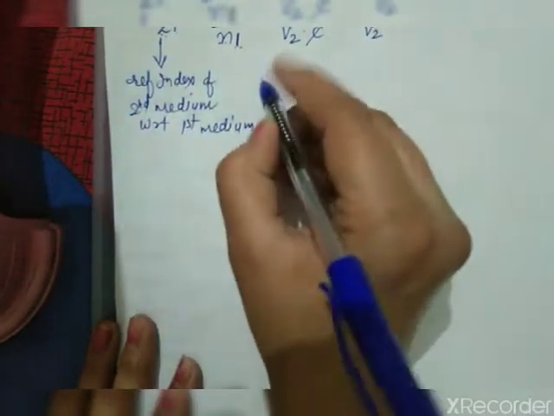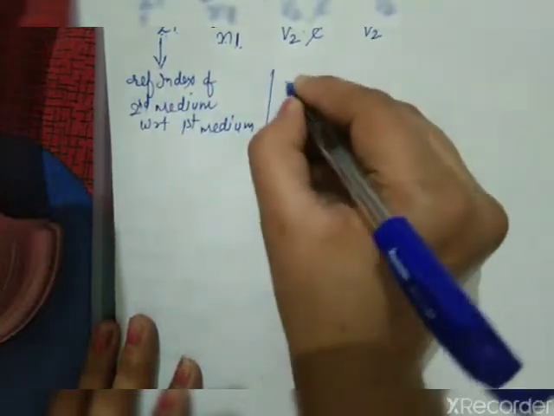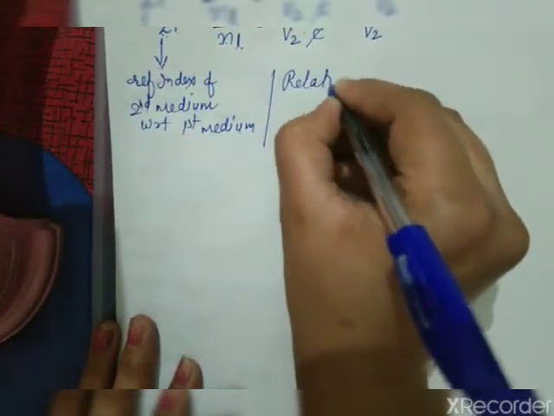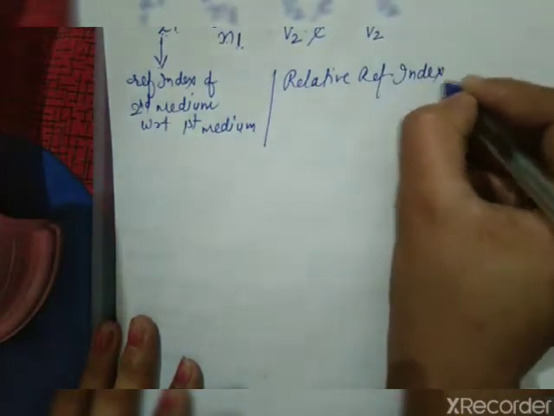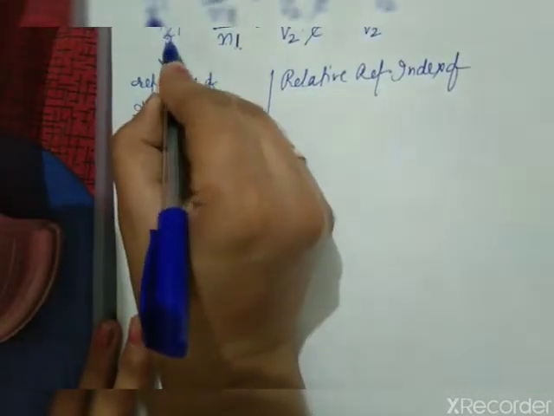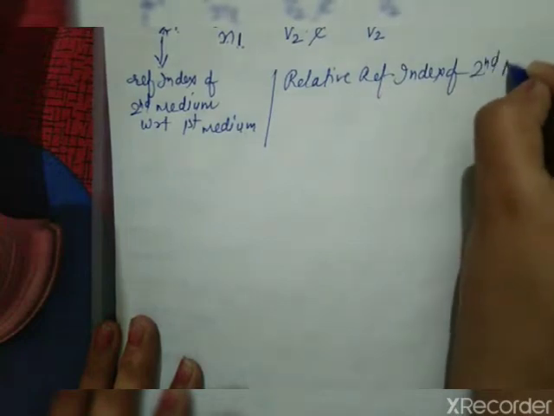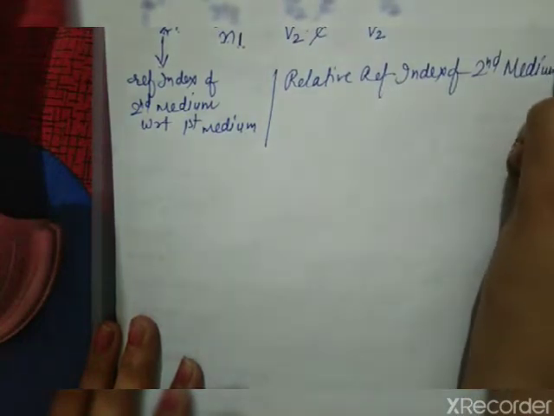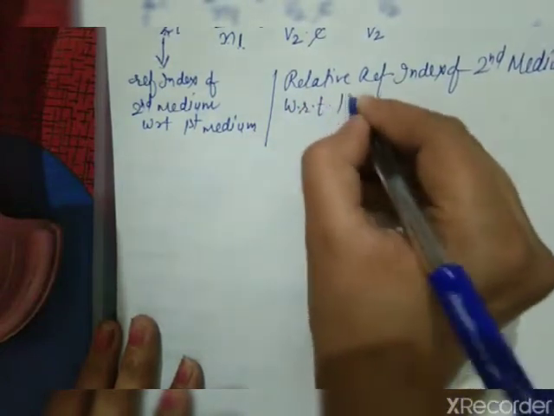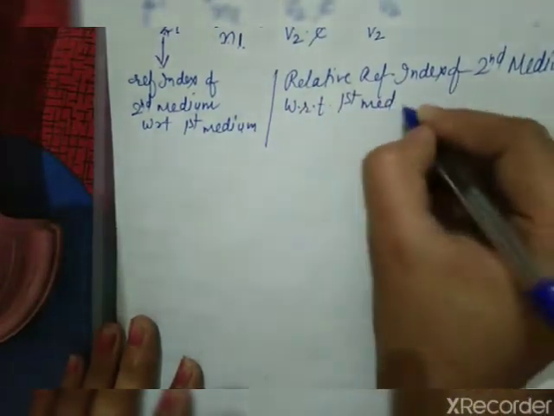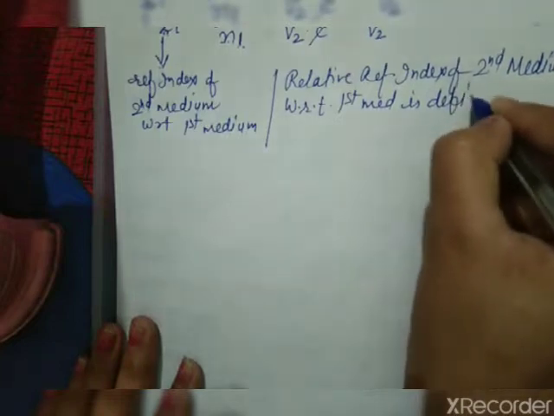Okay, so what is n21? We can define relative refractive index of second medium with respect to first medium is defined as, how can we define?